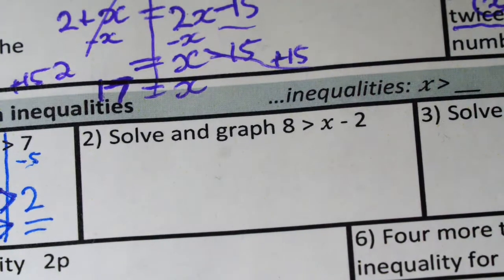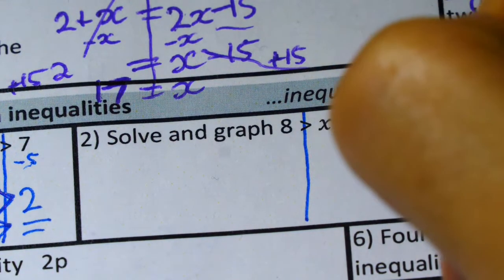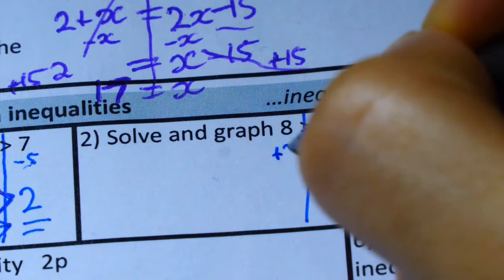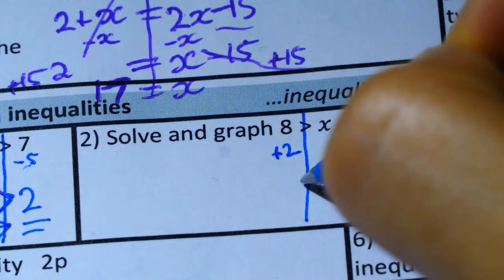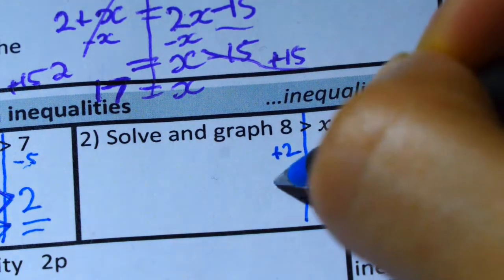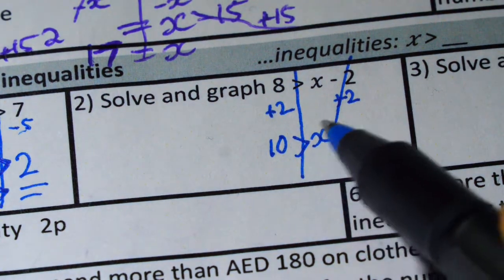Okay, question number 2. Let's do this really quickly. Put the line here. Our x is here, so we do plus 2, minus 2 and plus 2 we delete. We have x. This sign, 8 plus 2, 10. Now here is a bit different. Our x is on this side.